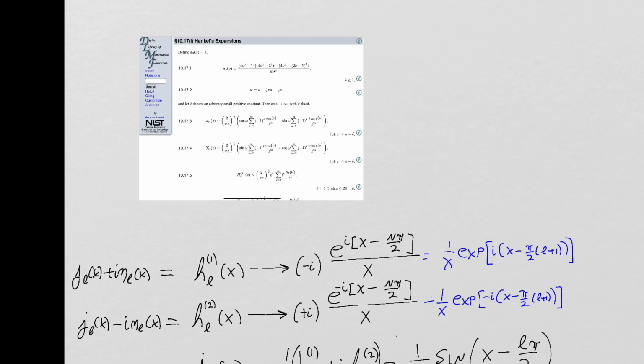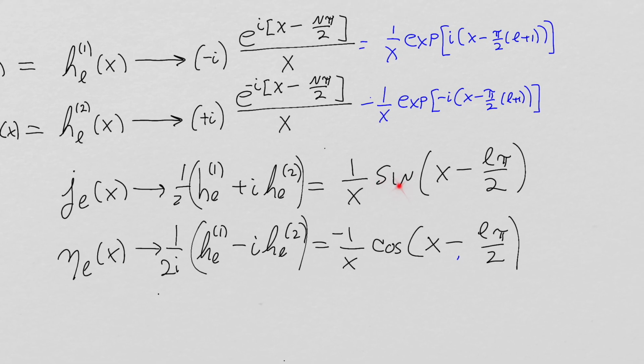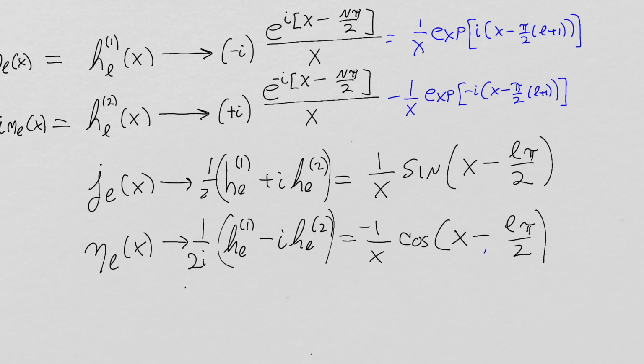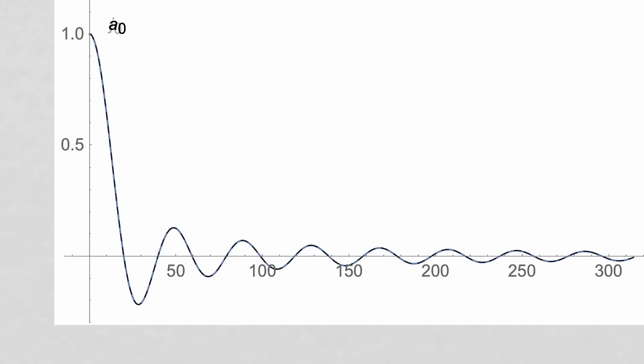Well, what's the asymptotic form for J0? The asymptotic form, if you replace L with 0, is sine of x. L is 0, so that term goes away. So it's sine x over x. So in the case of J0, the asymptotic form actually is the function itself. Ergo, this function is a perfect match.